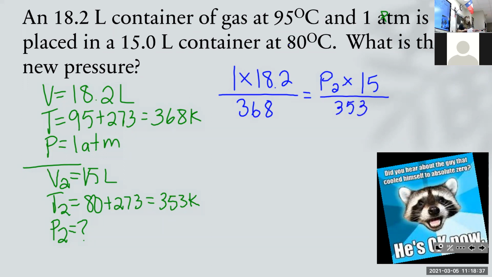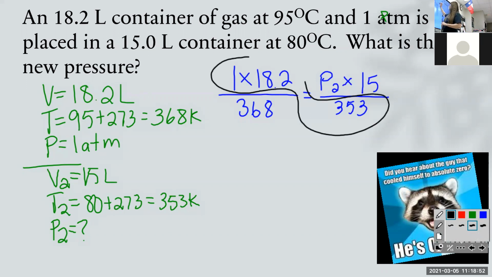To solve, I'm going to multiply 1 times 18.2 times 353, enter, divide by 368, divide by 15.